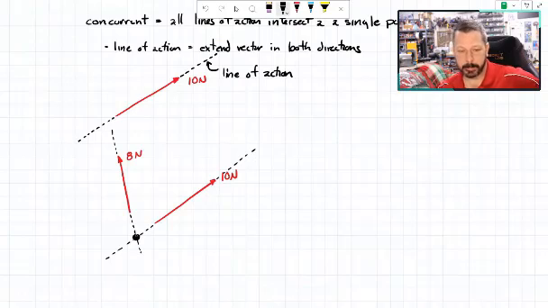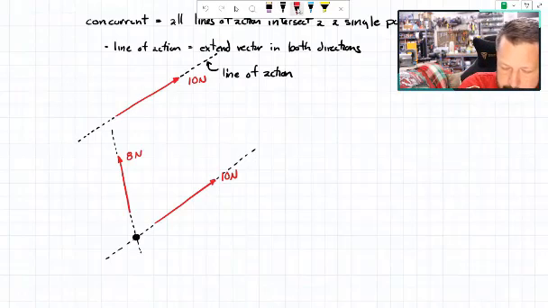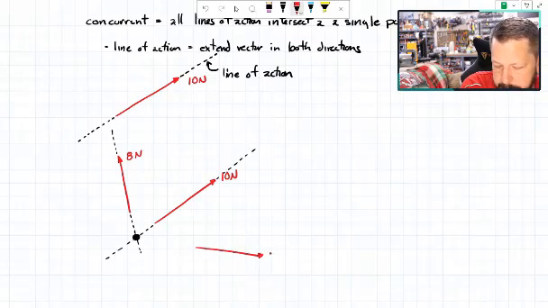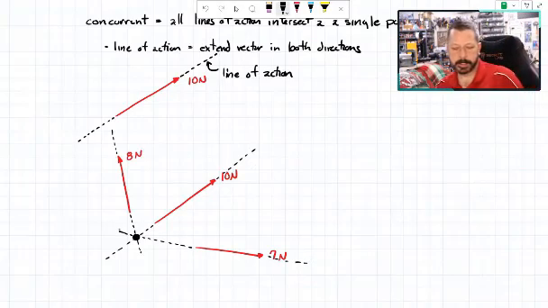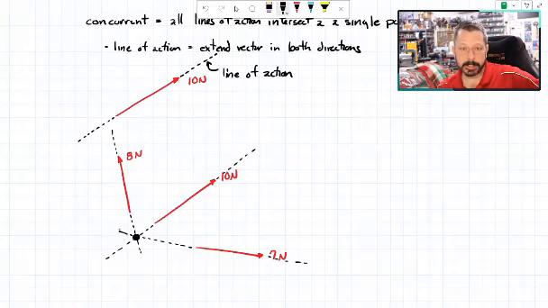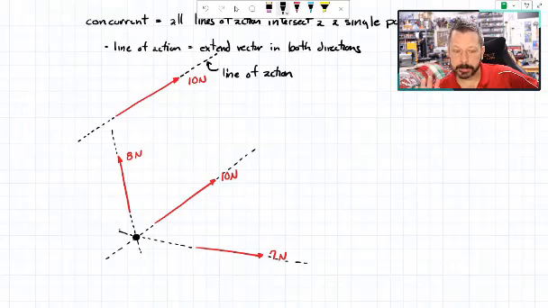If we add another force over here, we'll call this one 7 newtons, just to have a different number. It has a line of action, and it also intersects at that point. So now all three of these, the 8, the 7, and the 10, are all concurrent. They're 2D because we're really just in this 2D plane.